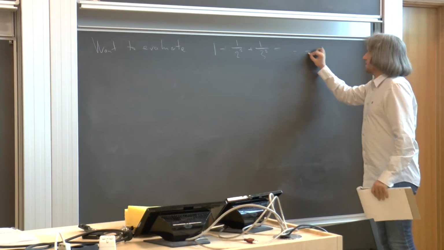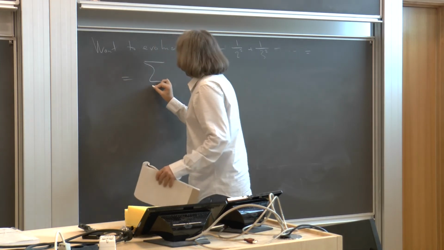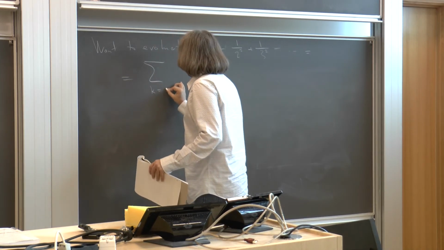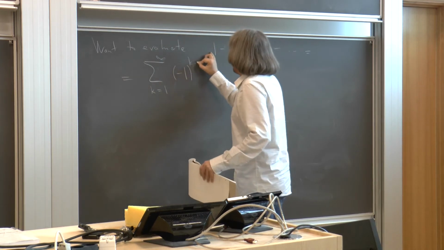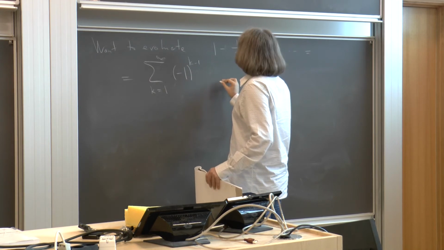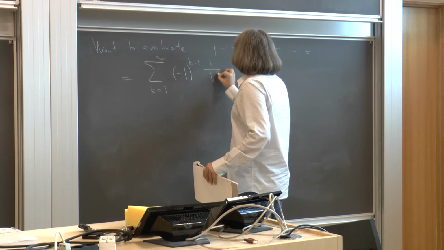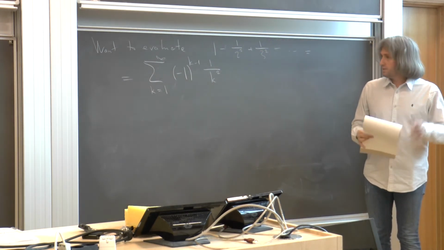So this is the sum from k equals 1 to infinity of minus 1 to the k minus 1 times 1 over k squared. Okay, so this is what we want to take the sum of.